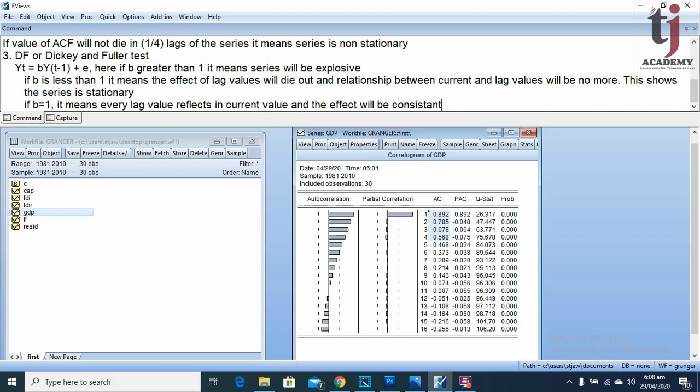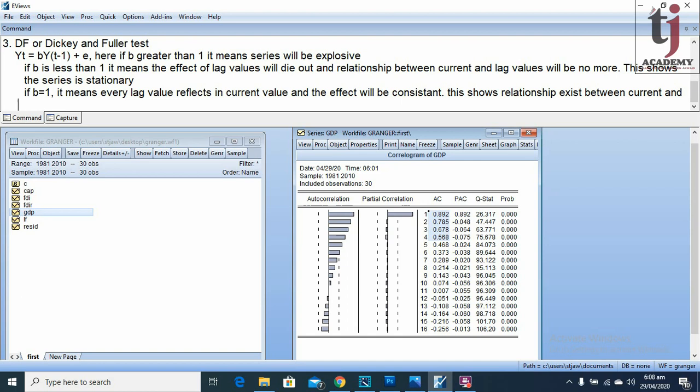This shows a relationship exists between current and lag values and will remain throughout the sample.